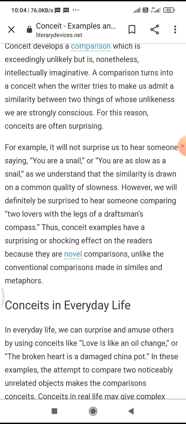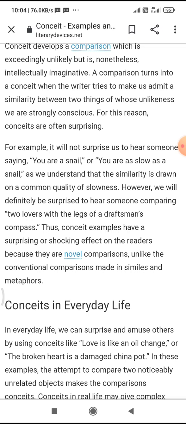And at that time, we are totally aware of the unlikeness of the things. For this reason, conceits are often surprising.